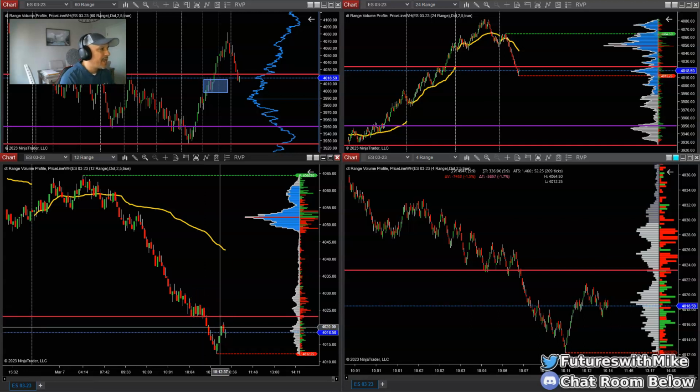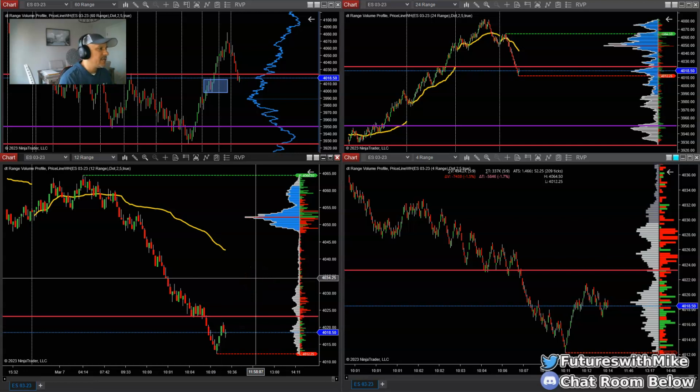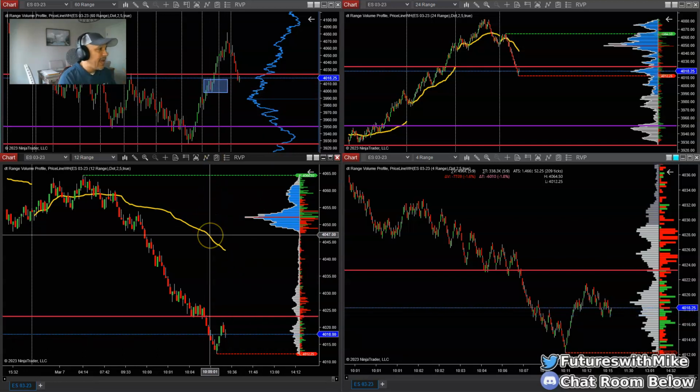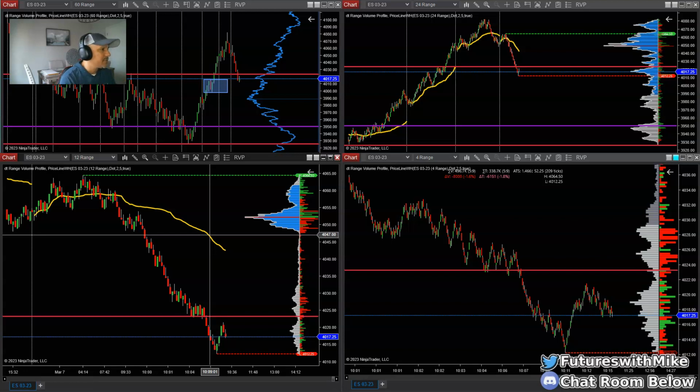And then pull back and break structure to the upside, okay? That's pretty much what we're looking for, to possibly capture some kind of reaction off of this key 60 range demand zone right now, okay? So we'll see what happens here. Stay tuned, and I'm going to see if I can get into a few trades today, which I will capture in this video if we can possibly do so.